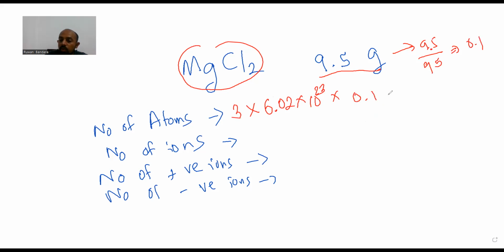So into 0.1, 1.806 into 10 to the power of 23. Is this clear? Yes, sir.